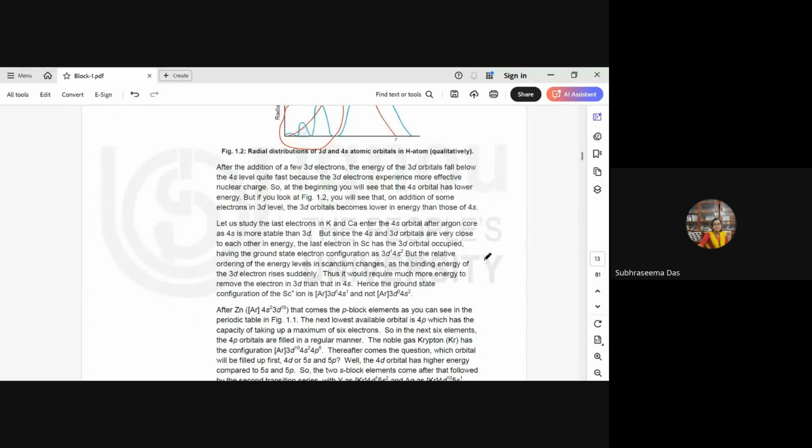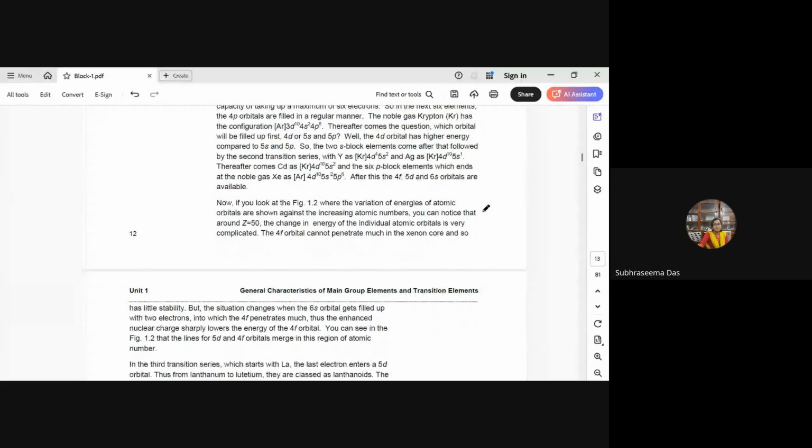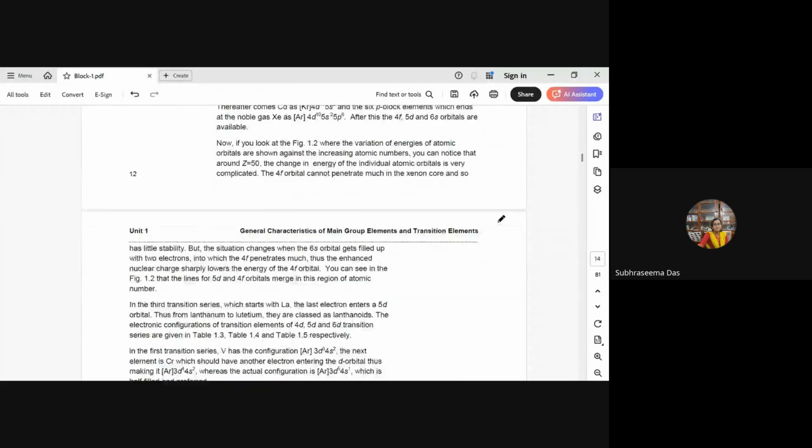After addition of other three electrons into the 3d orbitals, because of this addition of electrons, the energy of the 3d orbitals falls below the 4s level and the energy changes, because of which the effective nuclear charge also changes, and hence the radial distribution function also changes. So this is how the radial distribution function is affected by the number of electrons that is added or taken out from the shell. This is how we talk about the radial distribution function.